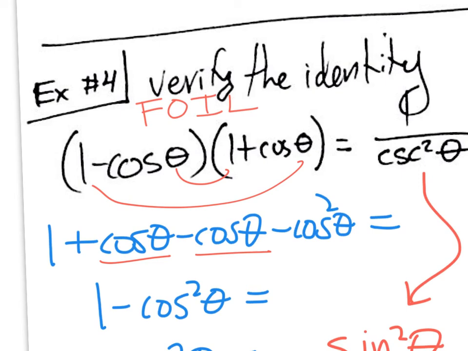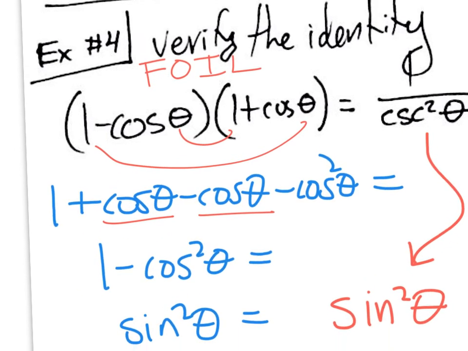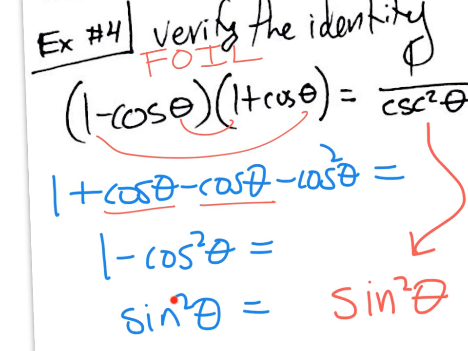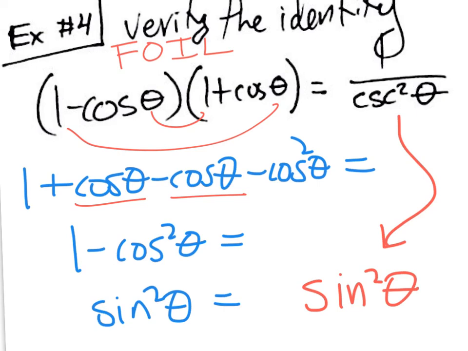So we cancel these, and I'm hoping by this point you recognize, hey, that looks like that Pythagorean identity again. It's just all over the place. And you know that this is now equal to sine squared of theta. This is cool. Oh, but then we look at the right-hand side, 1 over cosecant squared. Wait, I know that 1 over cosecant is sine.